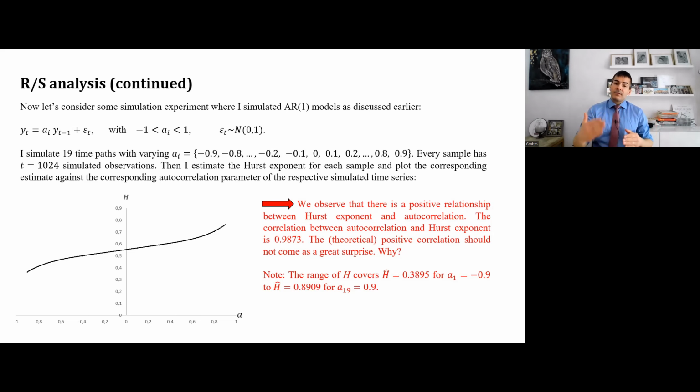But what is interesting to note here is that the estimated Hurst exponent ranges from 0.39 in rounded figures, given we have an autocorrelation process that has a negative autocorrelation parameter of -0.9, whereas we have an estimated Hurst exponent of 0.89 for an autocorrelation process that has positive autocorrelation with an autocorrelation parameter of 0.9. So we see we have different ranges here.